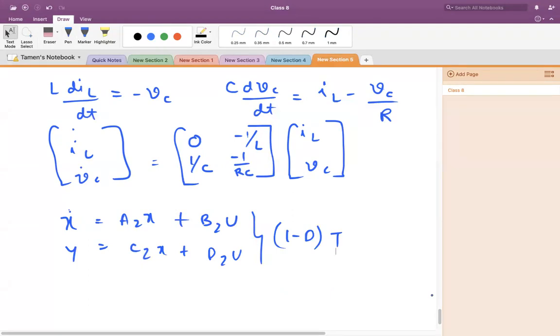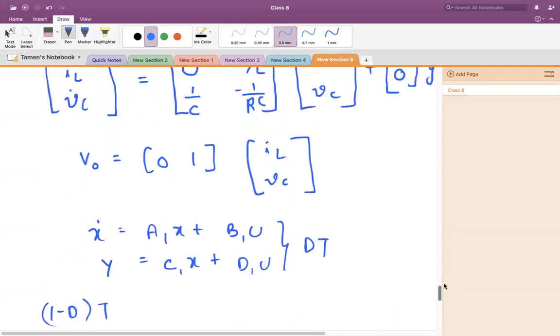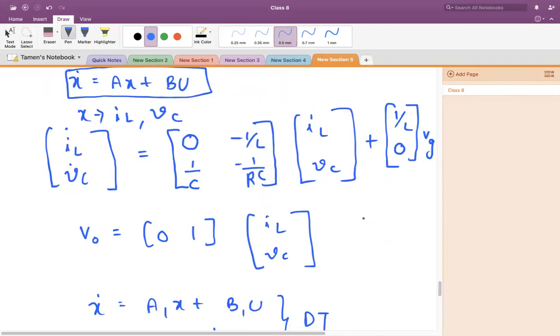Just wait, this I'll write as equation number 1.